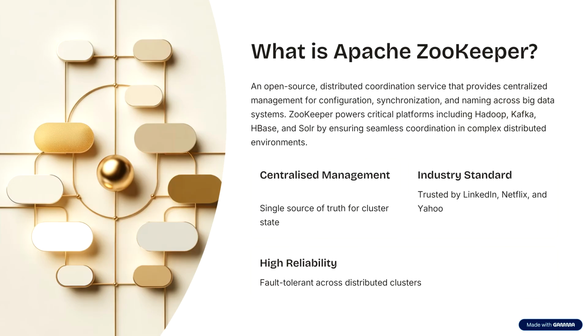It's a backbone technology used in big platforms like Hadoop, Kafka, HBase, and Solr. ZooKeeper makes sure that all parts of a distributed system stay in sync, even when they are spread across multiple servers.